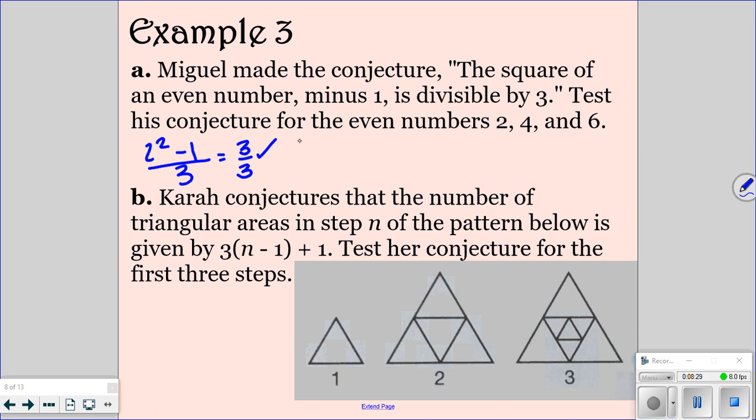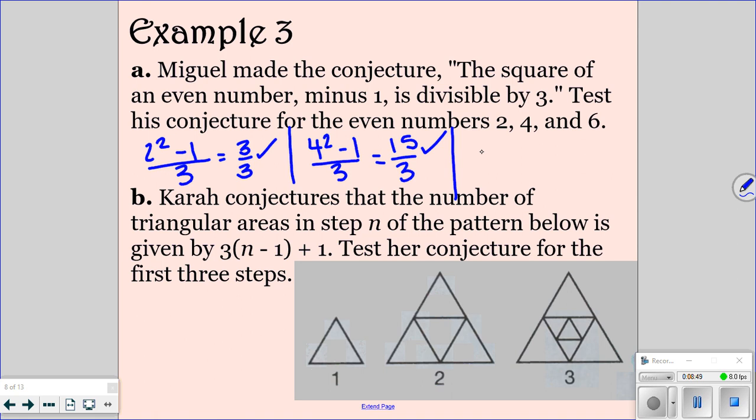Let's try for 4. So we're going to square the number and then subtract 1 and divide by 3. So 4 squared is 16, minus 1 is 15, and then if you divide by 3, is that a whole number? Yes. So it works for 2 and for 4.